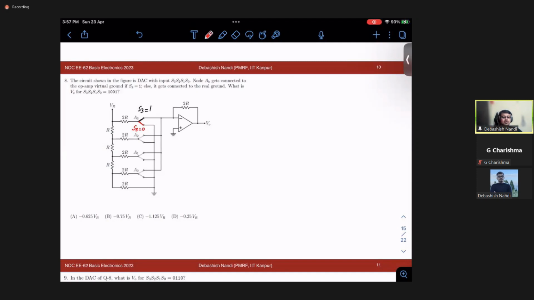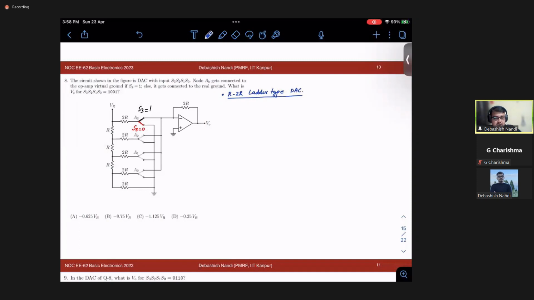So how do we solve this kind of circuit? If you see clearly, this is nothing but your R-2R ladder type DAC.